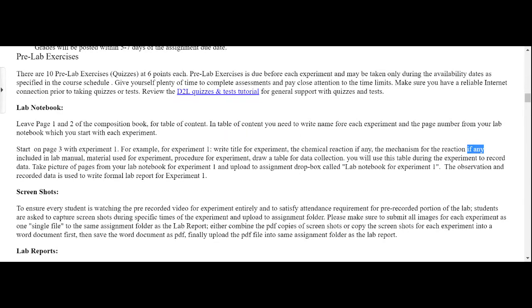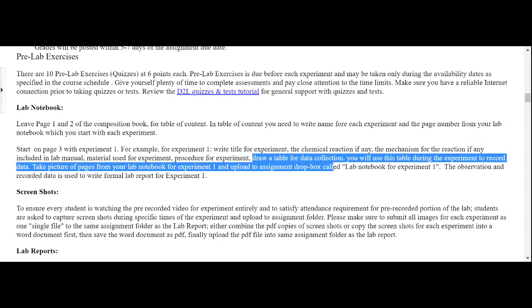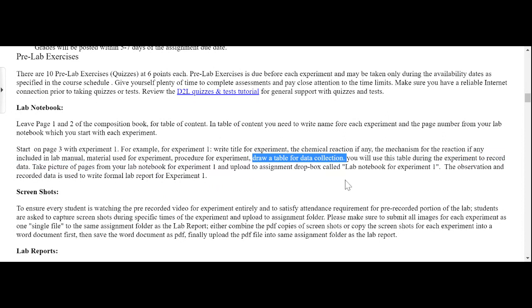So you don't need the general procedure, just the specific procedure from the ebook. Also, draw a table for collecting your data. How do you know what should be included in the table? When you read the procedure, it will tell you, for example, that you need to record initial melting.